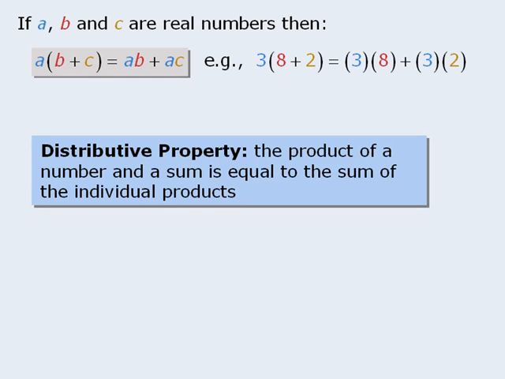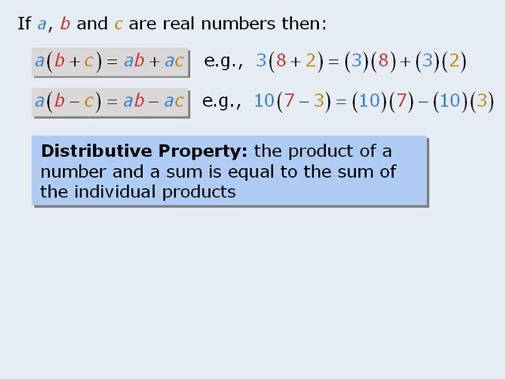The following example demonstrates this. 3 times 8 plus 2 is equal to 3 times 8 plus 3 times 2. Now, please note that the distributive property also works when the numbers in the brackets are being subtracted. For example, 10 times 7 minus 3 is equal to 10 times 7 minus 10 times 3.